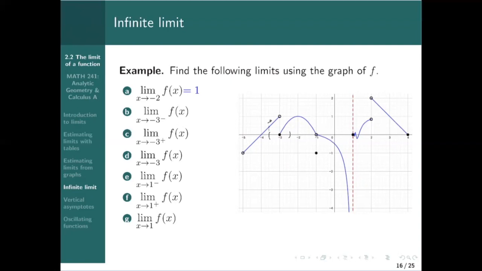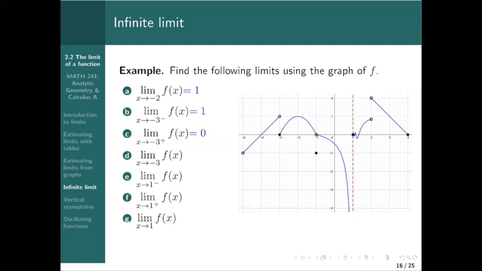We observe that the graph of the function is approaching this open ball, which has height 1, so the limit of the function as x goes to minus 3 from the left is equal to 1. And now we take numbers bigger than minus 3, and we observe that it's actually approaching this closed ball, which has height 0. So the limit of the function as x goes to minus 3 from the right is equal to 0.